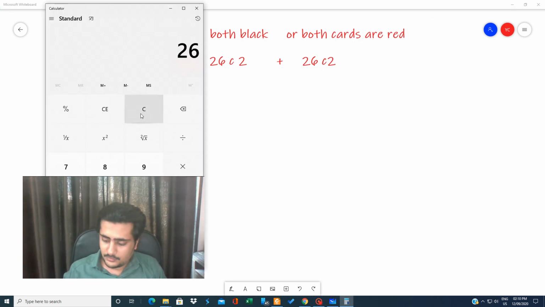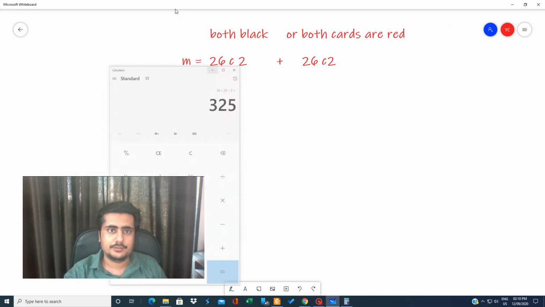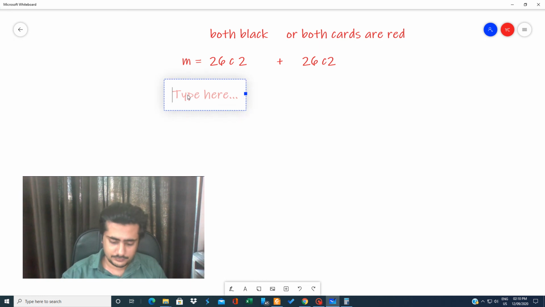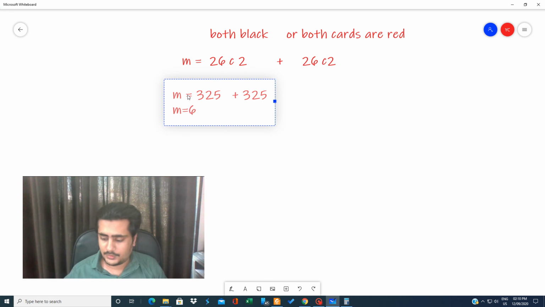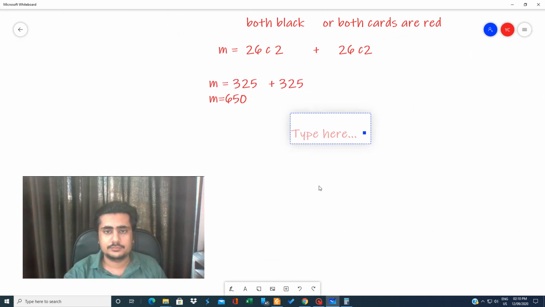So 26 into 25 upon 2 is 325. 325 plus 325 is 650 upon 1326.